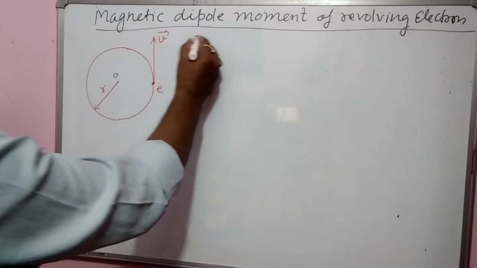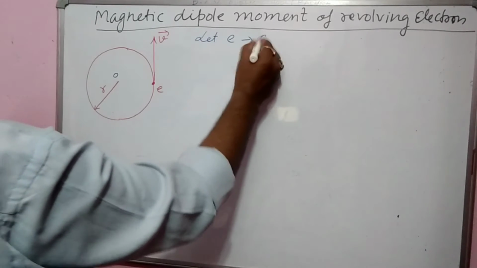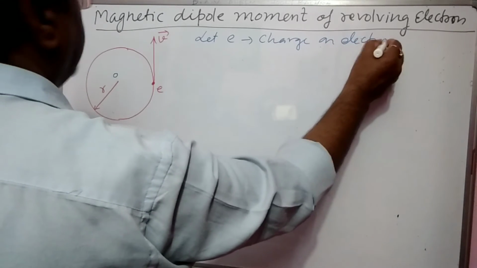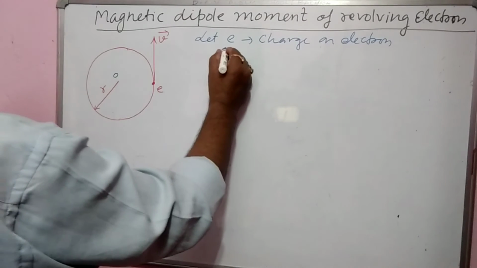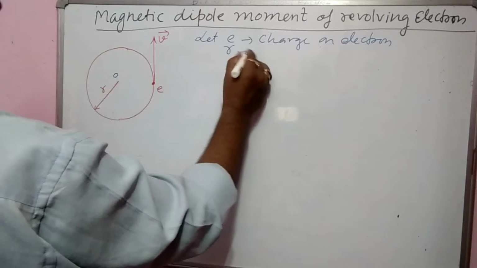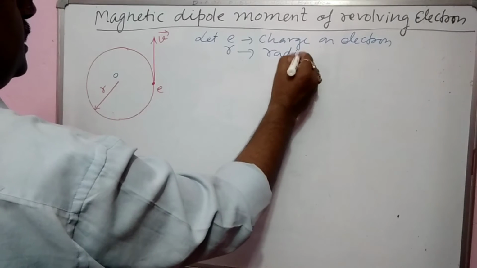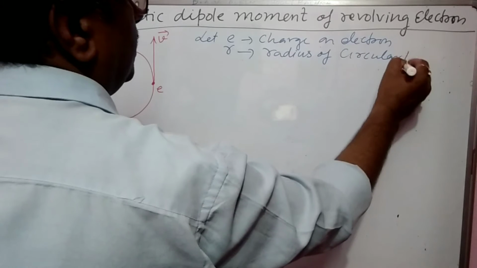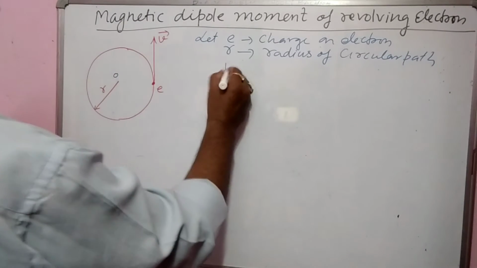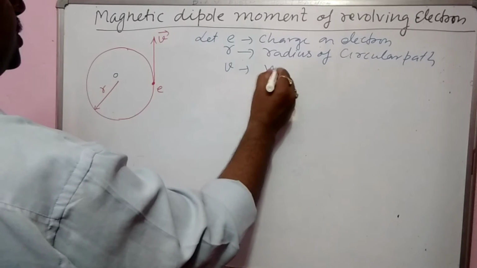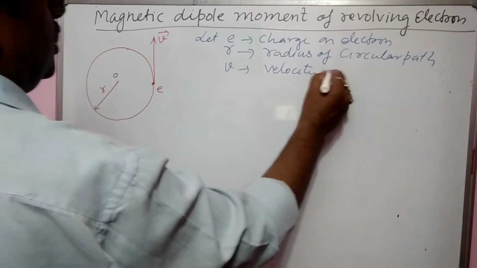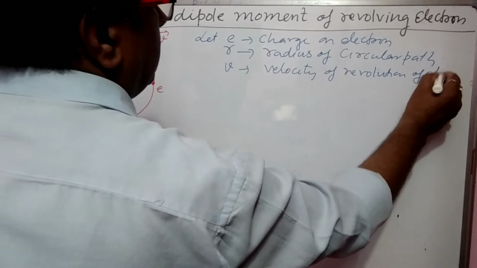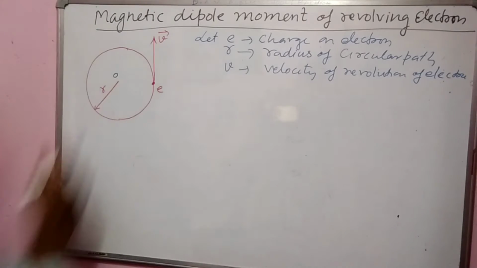Let e be the charge on electron, r is the radius of circular path, v is the velocity of revolution of electron, and it is directed tangentially always.